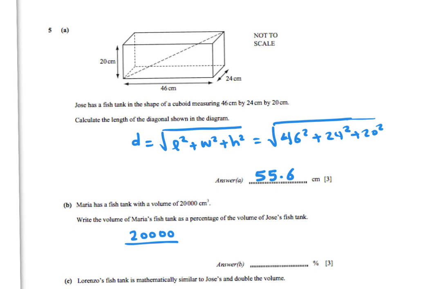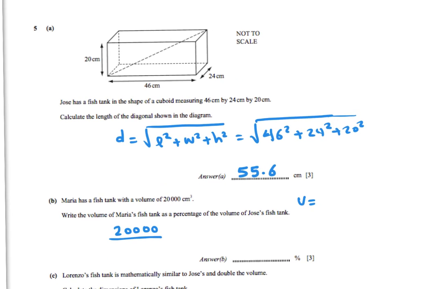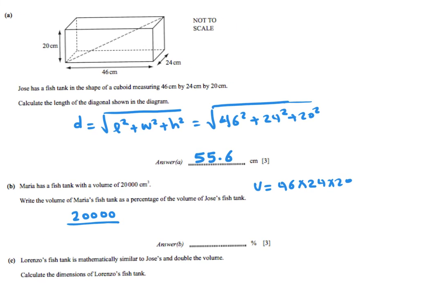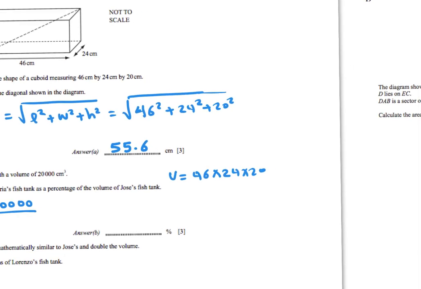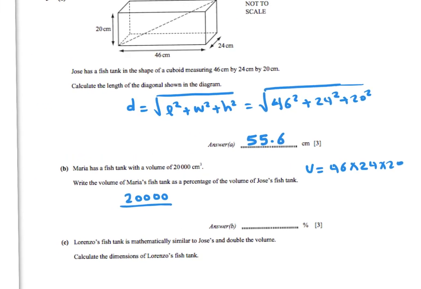The volume of the cuboid is 46 times 24 times 20, which equals 22,080.